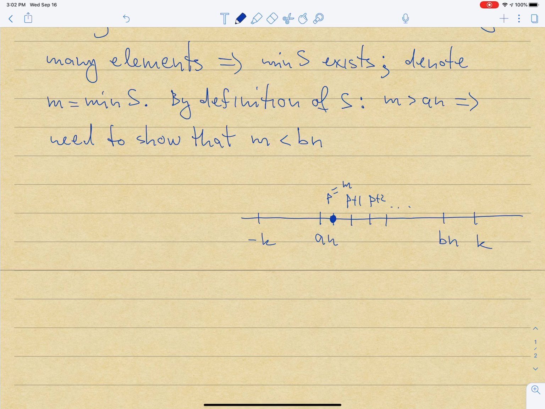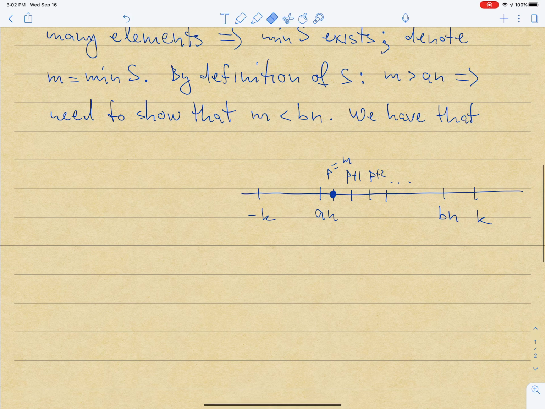Okay, so how can we do that? So let's try to figure this out. So why would M be less than bn? Well, what will happen if I take a number m minus 1? So we have that m minus 1, this guy does not belong to S, right?